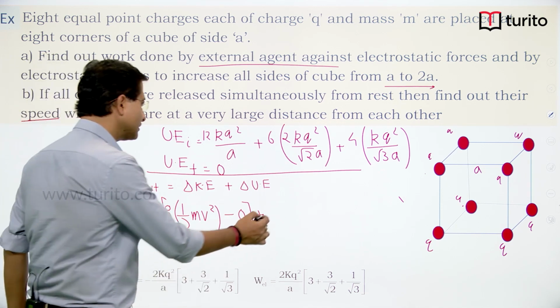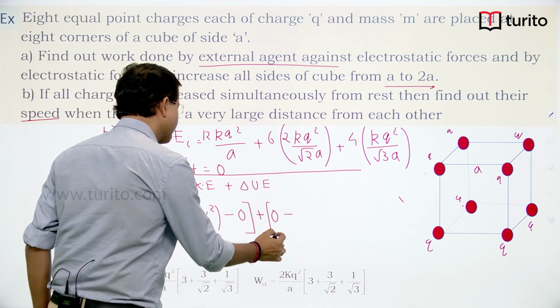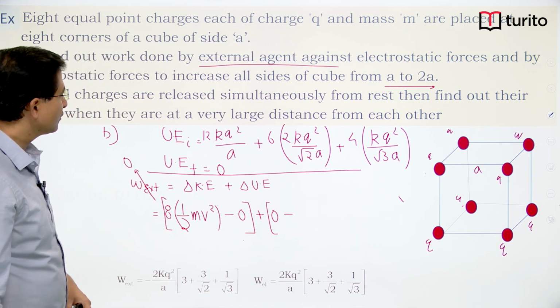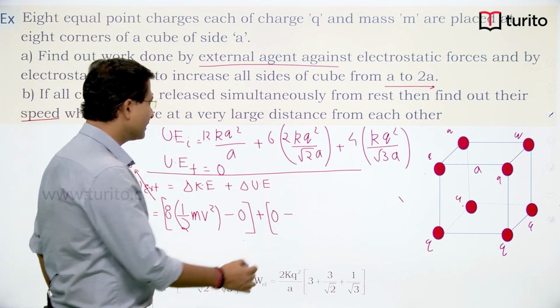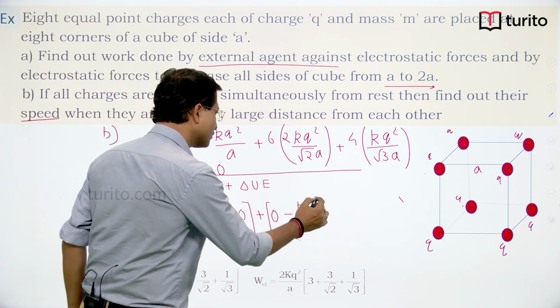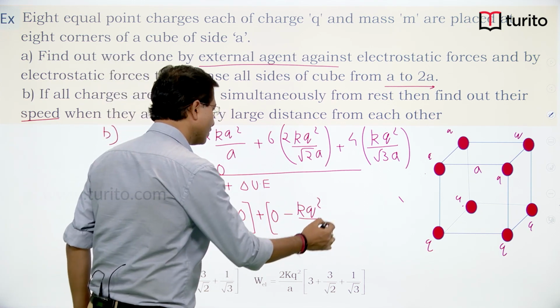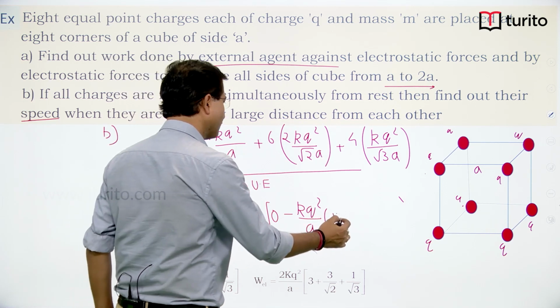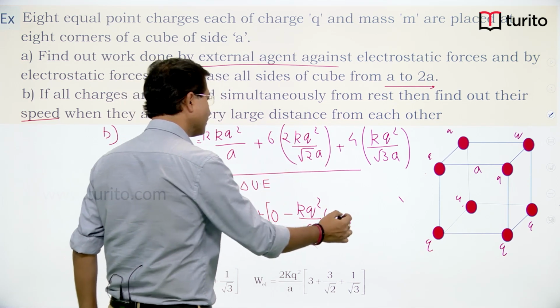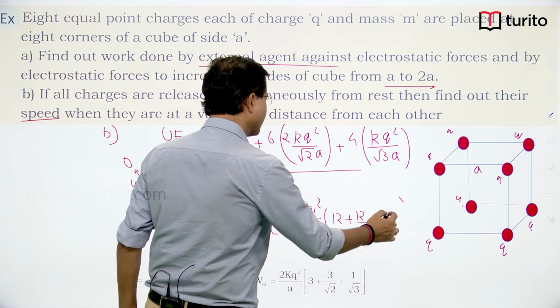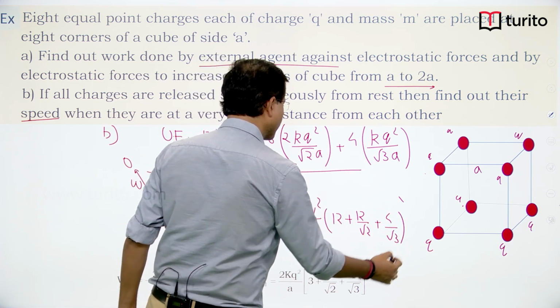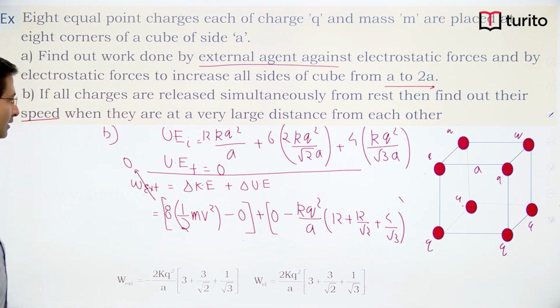So, final potential energy is 0 and initial you have written it here. So, if I take k q square by a out, then first term will be 12, second term will be 12 by root 2 and then third term will be 4 by root 3, right, is equal to 0.